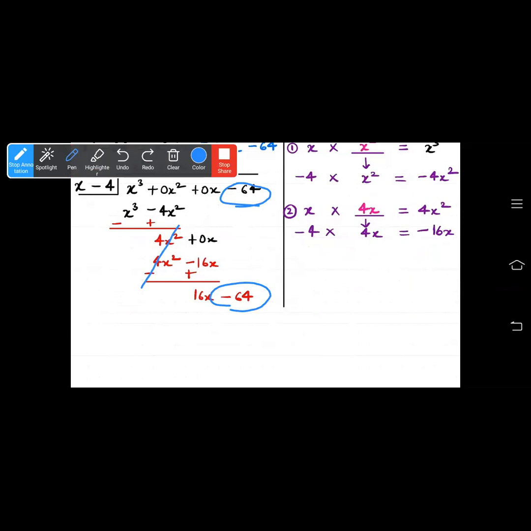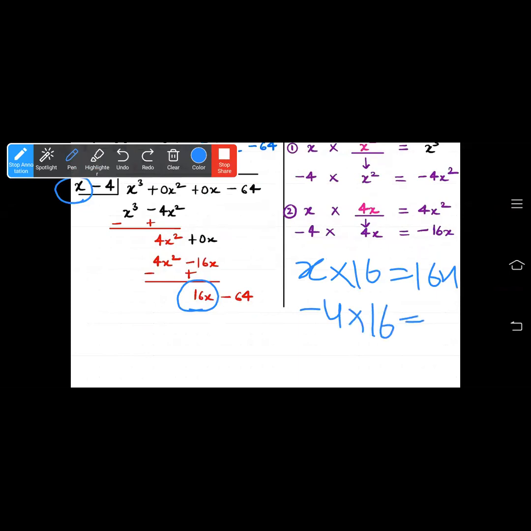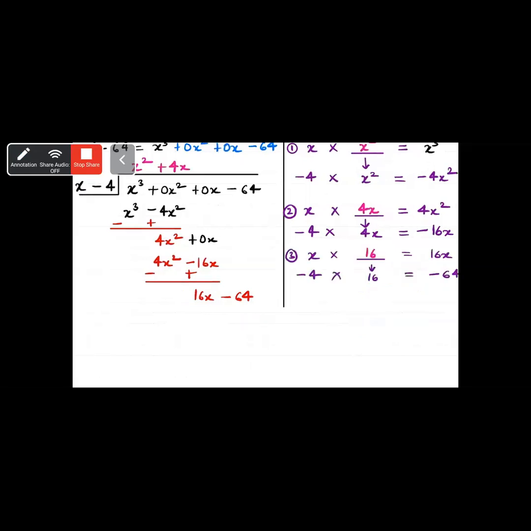Now what is left over here? 16x minus 64 is written over here. Now to get 16x, x should be multiplied by 16. So minus 4 also should be multiplied by 16. Okay. So you get minus 64. 16x minus 64 should be written over here.